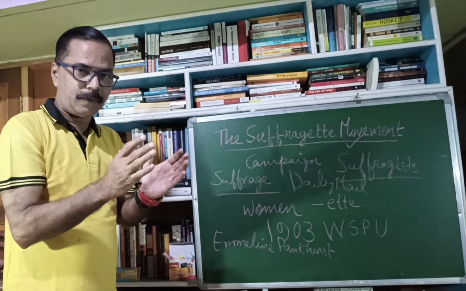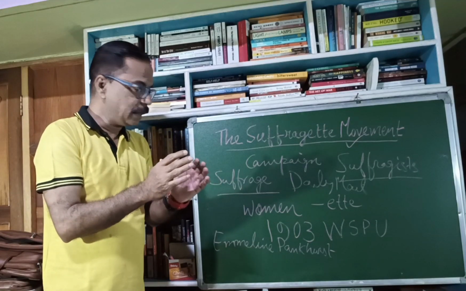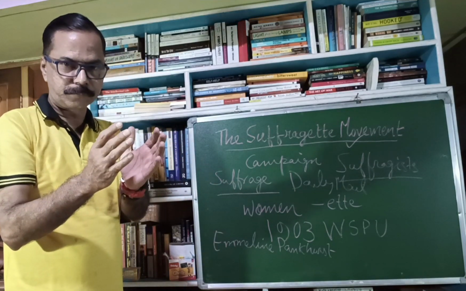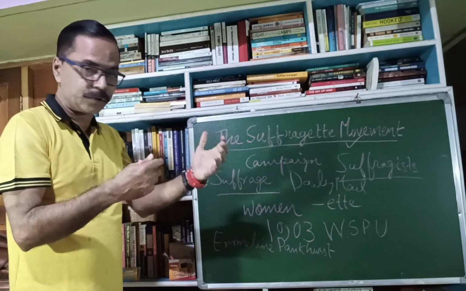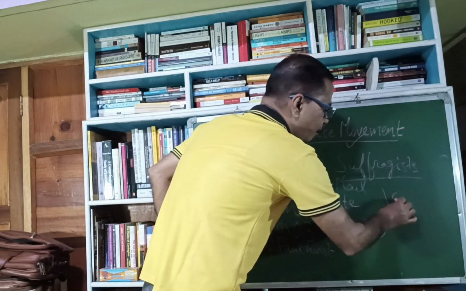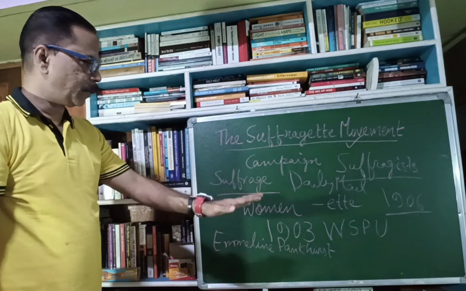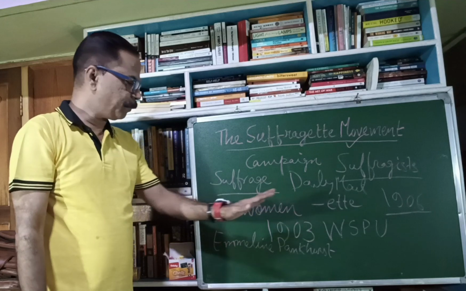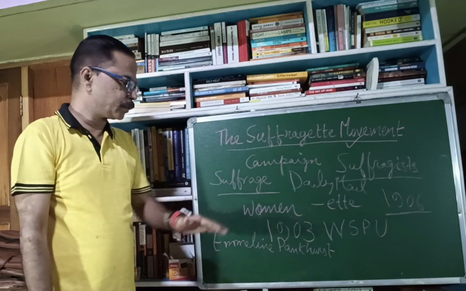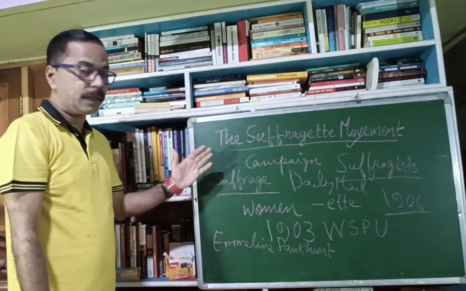It clicked, and they said they were in fact suffragettes, and their motto was deeds, not words. So action. They were ready for action to get their dues. From about 1906, these women of the WSPU, led by Pankhurst and others, like Emily Davison, came to be called the suffragettes.